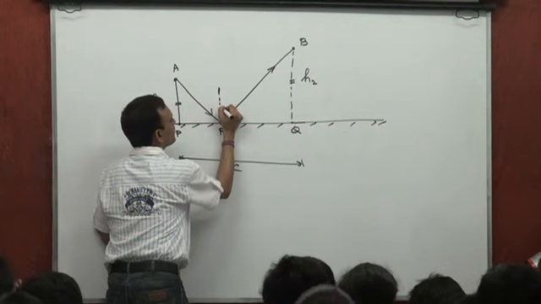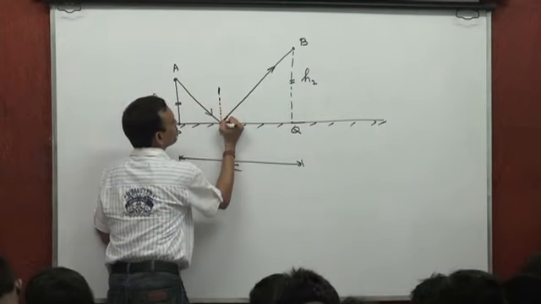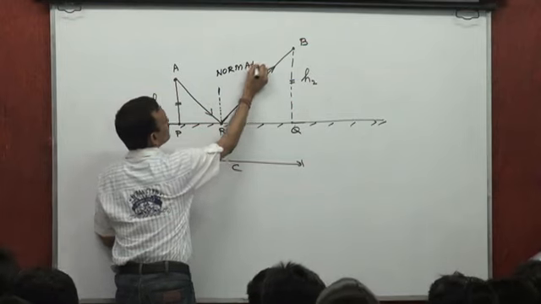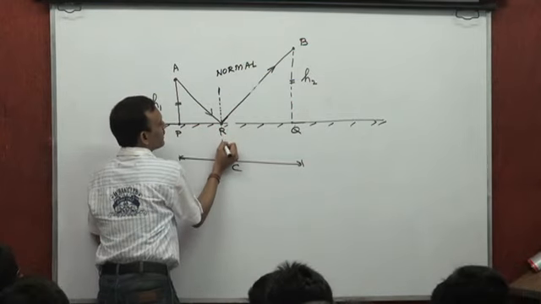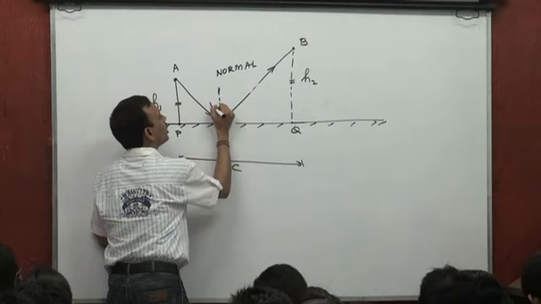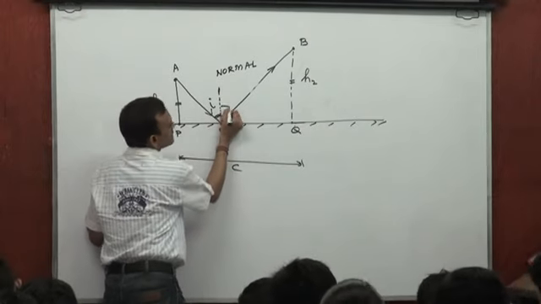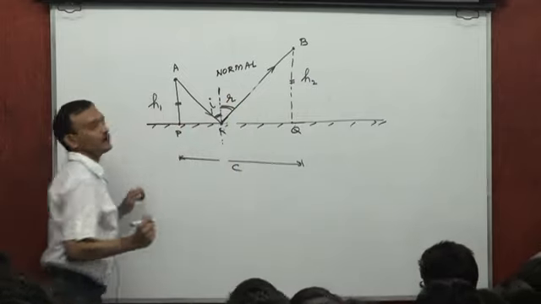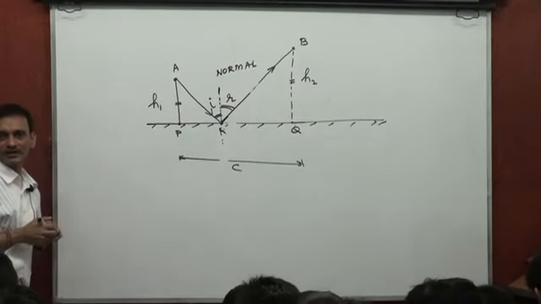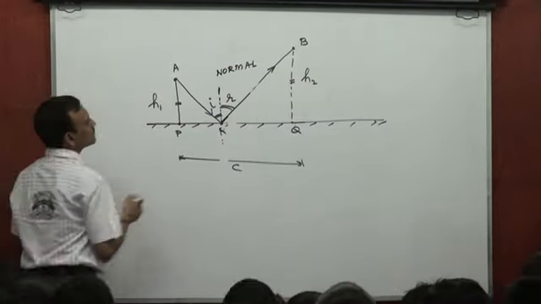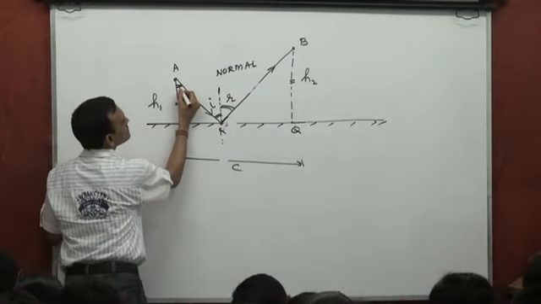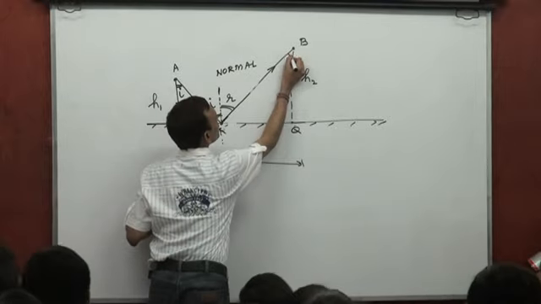This then is said to be the normal at the point of incidence. And this angle I is said to be the angle of incidence. This angle R is said to be the angle of reflection. And then from geometry you can say that alternate angles, this is I, alternate angle.